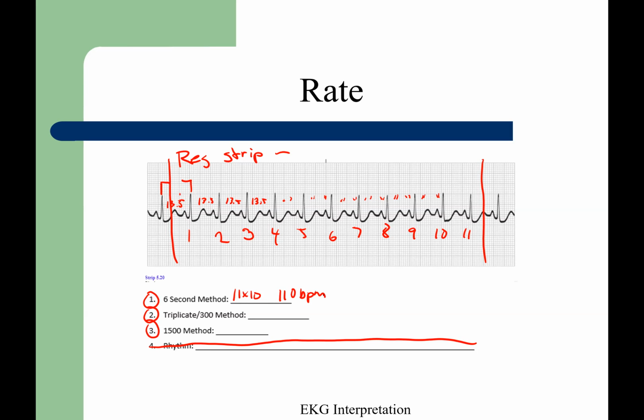And then you would do the same thing with the triplicate method. 300, 150, 100 here. That's about halfway between 100 and 150. Let's call it 125. And then the 1500 method, 1500 divided by the number of small boxes, which was 13.5, gave us 115 beats per minute.